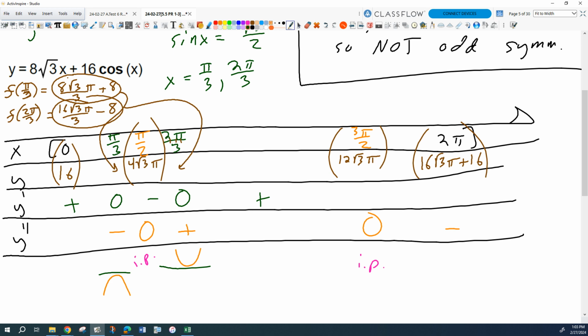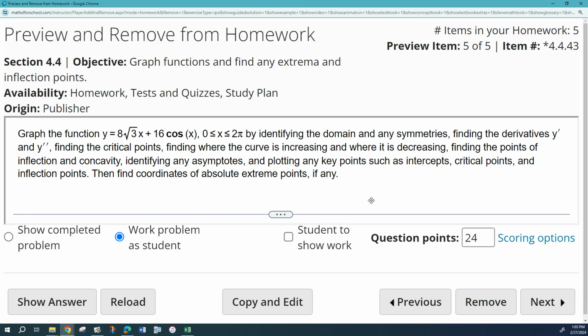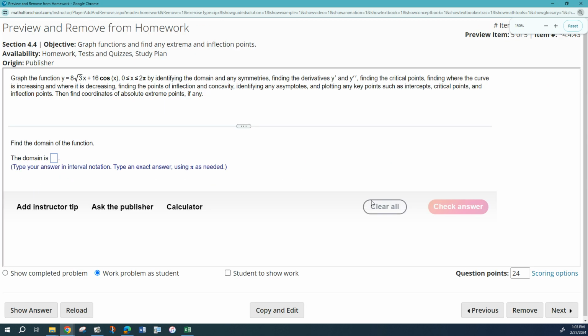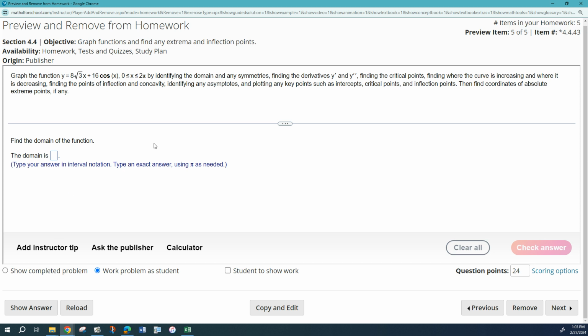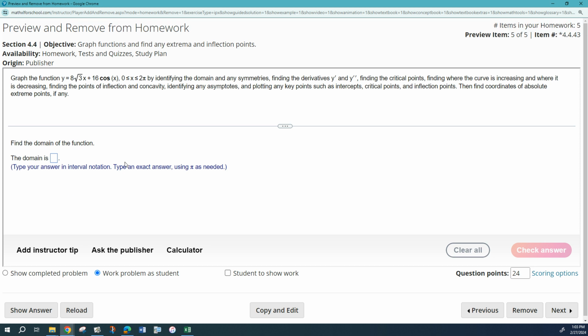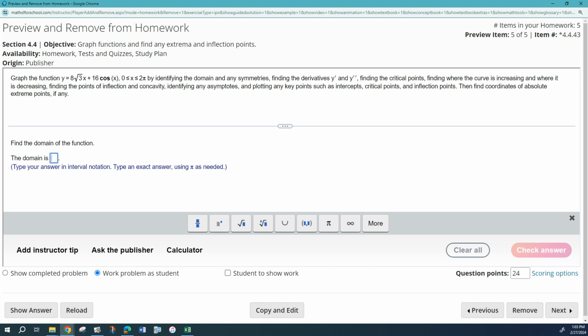Okay, so if we've got all this stuff, I'm going to pull up the question and let's just look at the question. Should we just go through and answer this here? So the domain, it tells us interval notation.